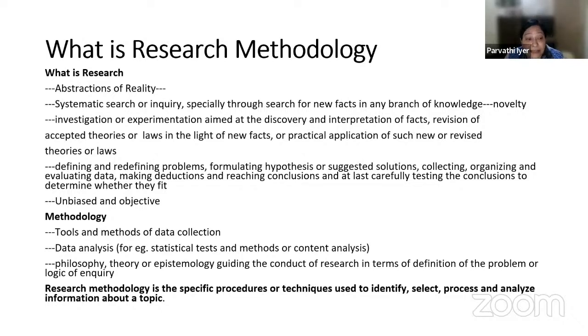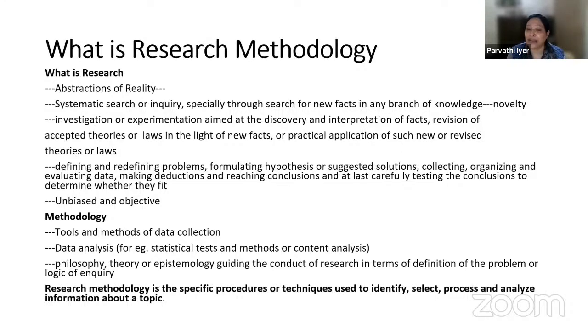The third dimension of methodology, which I feel is the most important and the most critical, is the philosophy, theory, or epistemology. Epistemology is nothing but the theory of knowledge. There needs to be a larger theoretical base, or a framework in which you are locating the data that you collect.